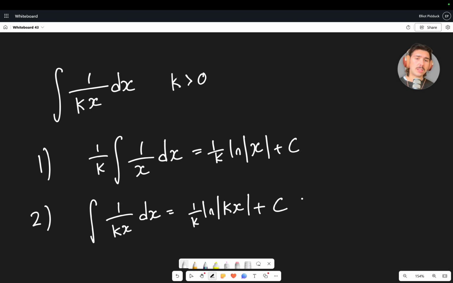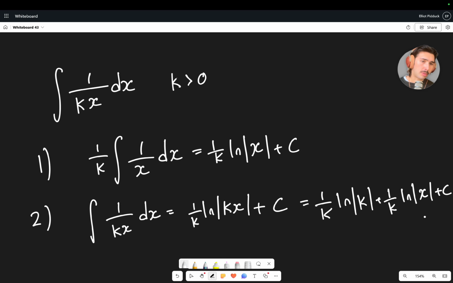So the second answer can be rewritten as 1 over k times the natural log of the absolute value of kx. We can rewrite this as the natural log of the absolute value of k plus the natural log of the absolute value of x. That's a rule of logarithms. And then we've got our plus c on the end.